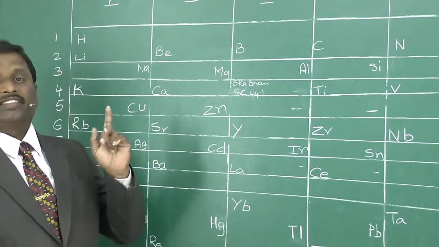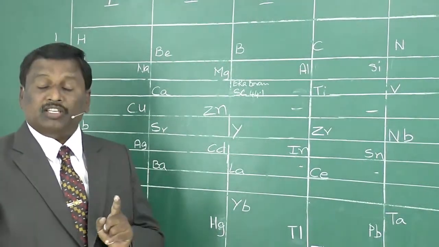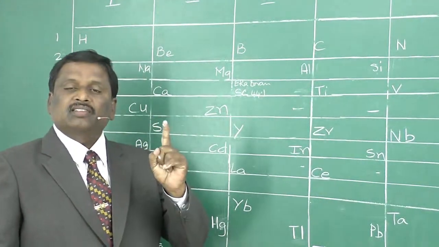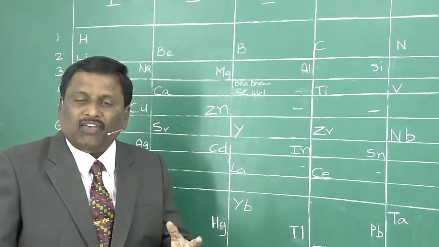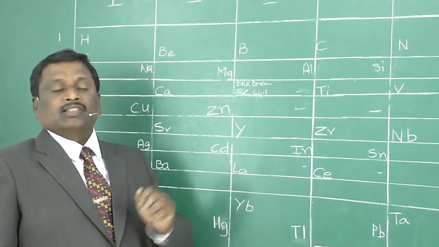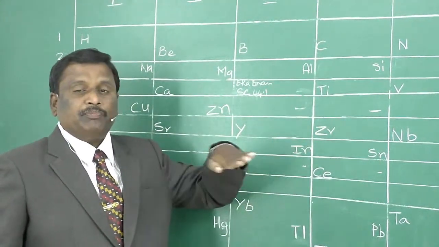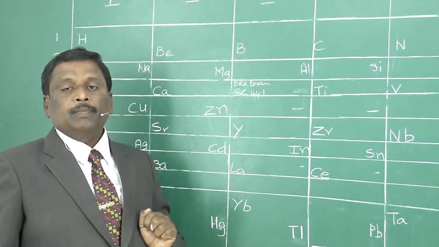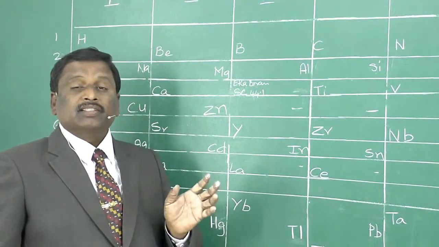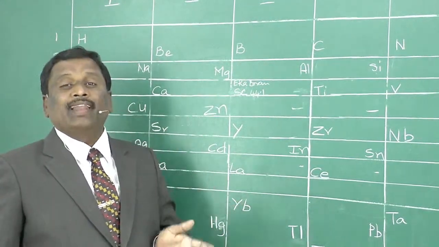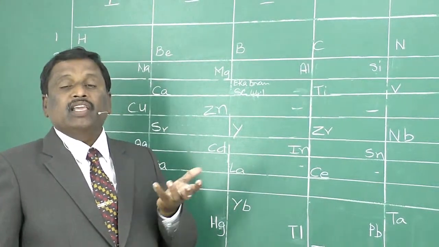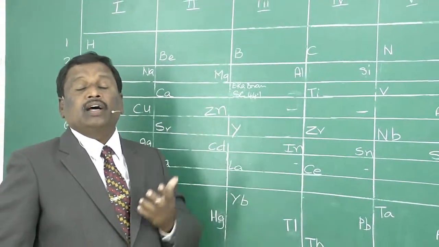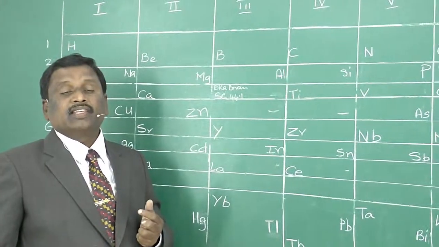but he has given more importance to the properties, because the main purpose of classification is to study the properties of elements. Since they are matching, he kept the gaps like that and he predicted the properties of the elements that had to be discovered later, and it gives the right path for other scientists to identify such elements.